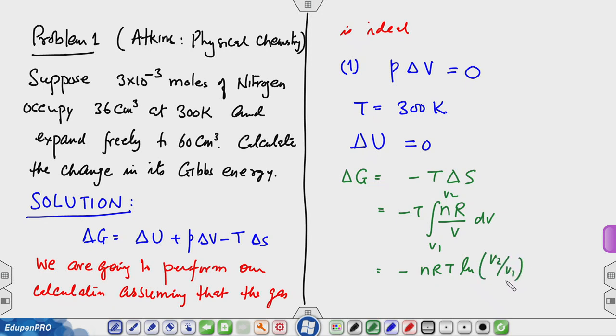And you plug in the numbers, this comes out to be minus 3.8 joules. So as this does this spontaneous process, the Gibbs free energy reduces. I want you to show this.